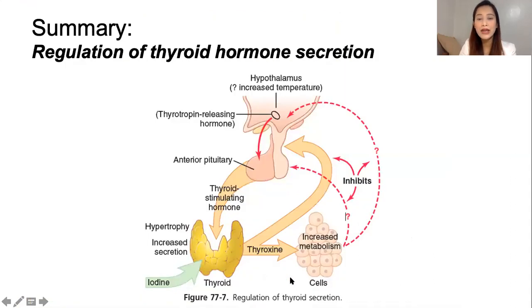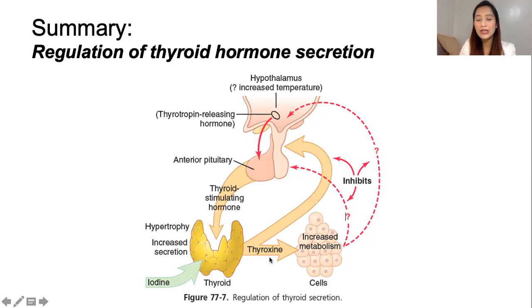So to summarize, your hypothalamus secretes your TRH, and this is affected by temperature. And your TRH will now stimulate your anterior pituitary to produce your TSH, and your TSH will now activate your thyroid hormone synthesis and increase its secretion.